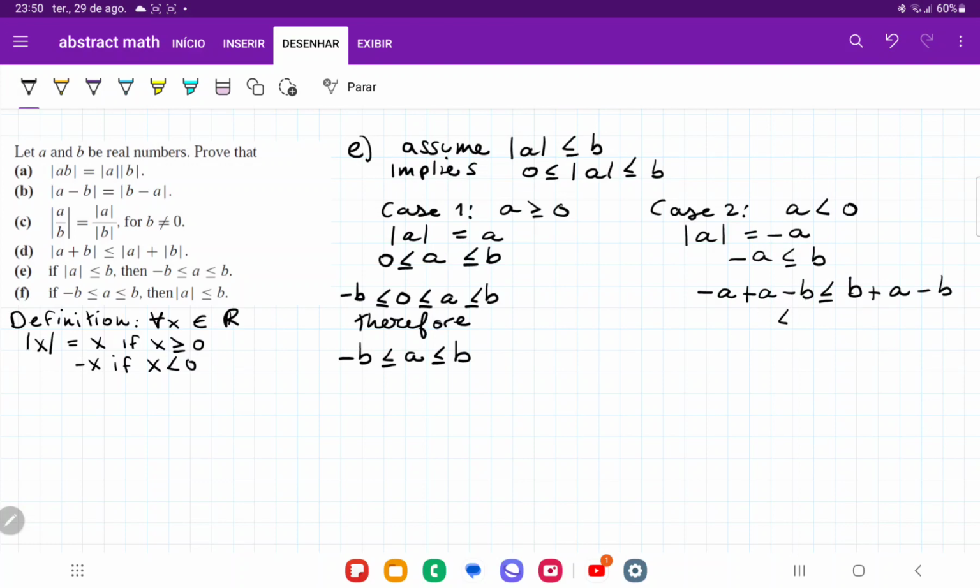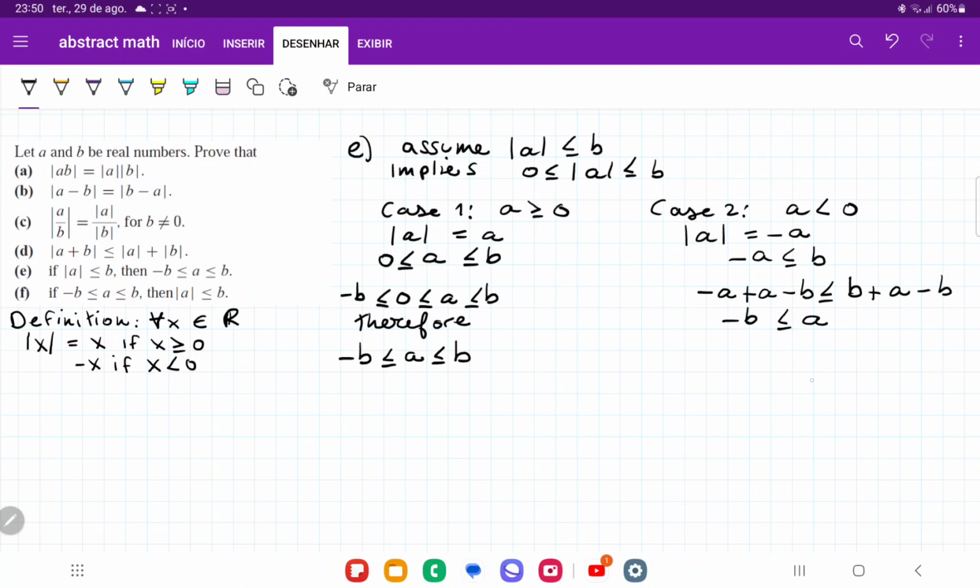So we have here, this implies that on the left-hand side, the A's are going to cancel out. So that's going to be equal to minus B. And on the right-hand side, the B's are going to cancel out. So this implies that A is greater than minus B.